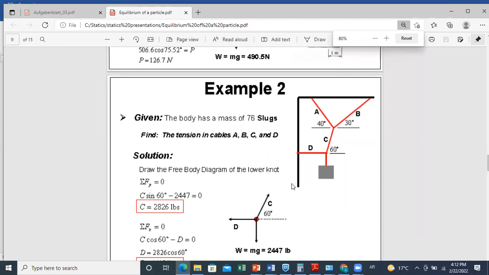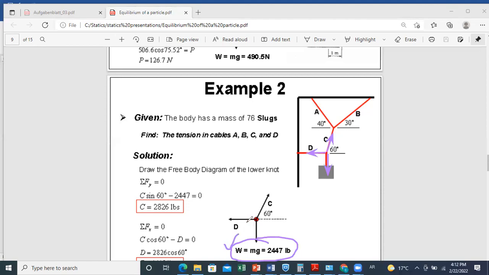Okay, so when you draw the free body diagram of this point, you will say that since all my cables are in tension, they will all act on this point towards the cables. So the three forces will be directed in this way, from the point towards the cables. Now, I already determined that this force is equal to the weight. So this cable will push the point downward with a force equal to the weight.